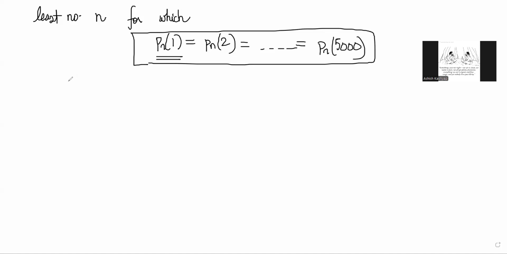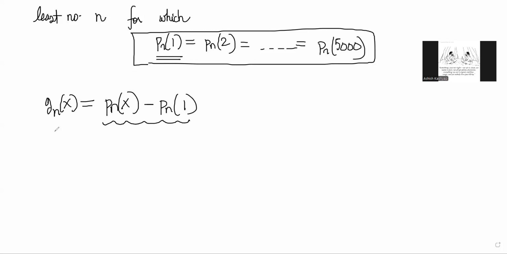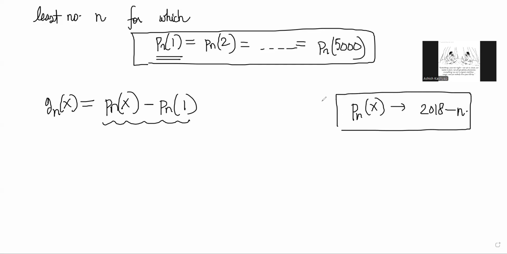If I define a new polynomial Gn of x equal to Pn of x minus Pn of 1, let's define a new polynomial. By the way, I already know Pn of x has degree 2018 minus n. This is what I wanted you to understand from what we discussed before, right?